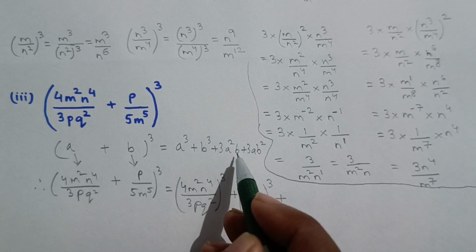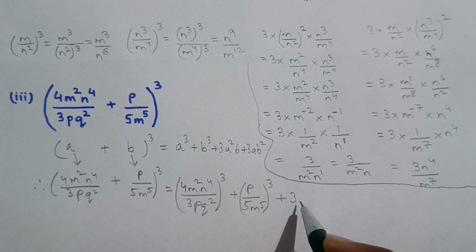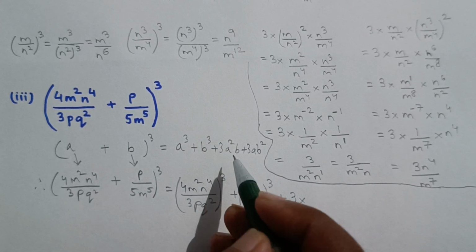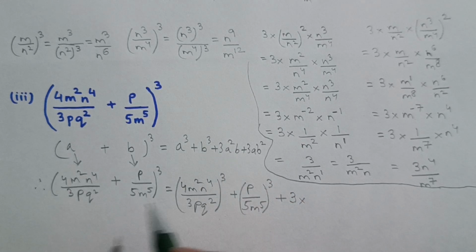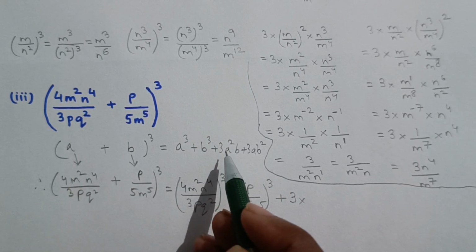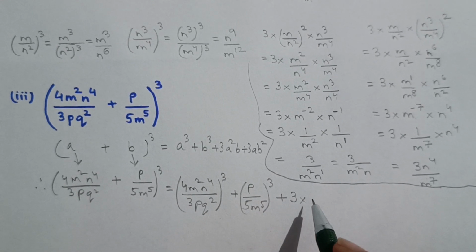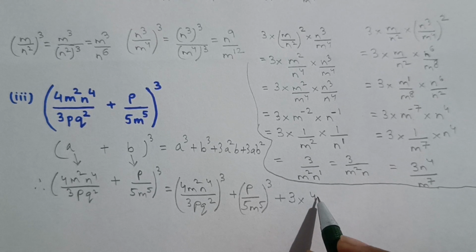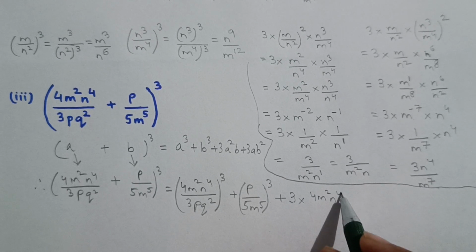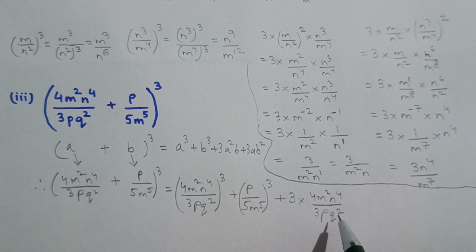3a square b, that means 3 into a square into b. So 3 into a square. Now a corresponds to this expression, so instead of a I will write 4m square n to the power 4 upon 3pq square.